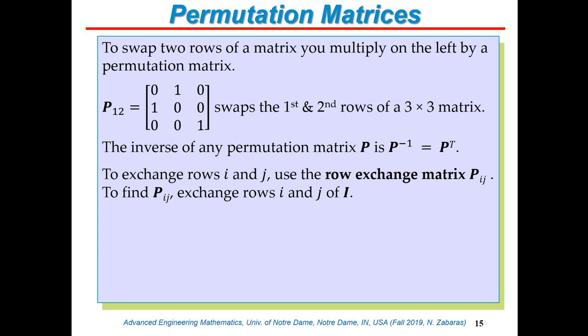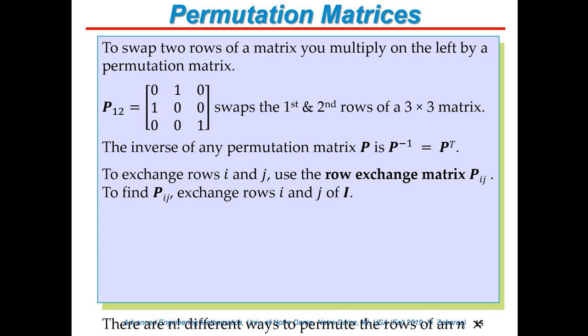And if I have an identity matrix n by n, the number of exchanges of rows that I can do, including keeping the original identity matrix, is actually n factorial. N factorial, remember, is 1 times 2 times 3 up to n. So if I have a 3 by 3 matrix, the number of permutations that you can get is 3 factorial, which is 6. And I'm going to show you this in the following slide.